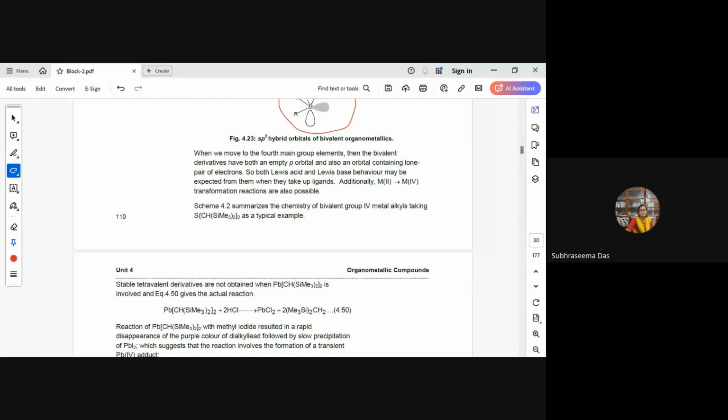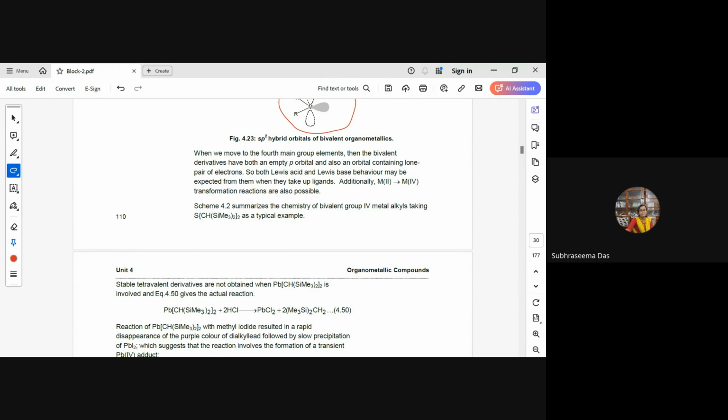So when we move into the other group elements, the bivalent derivatives both have an empty p orbital and also an orbital that contains a lone pair of electrons. As a result of this, both Lewis acid and Lewis base type behavior is expected when we move towards the group 14 main group elements.